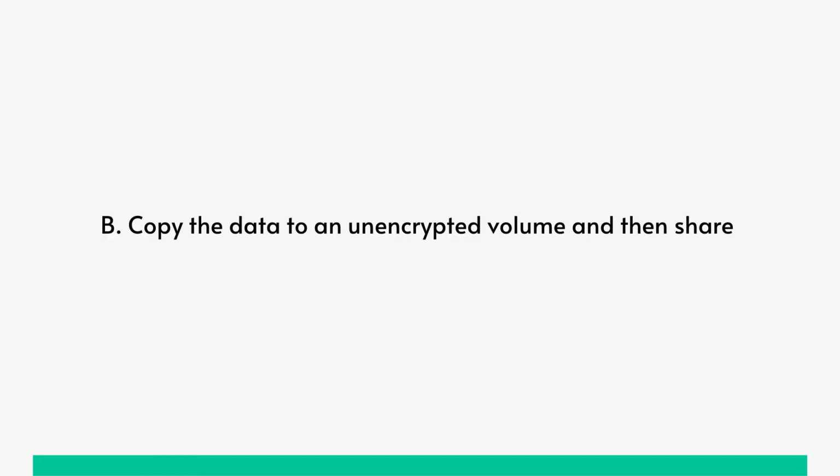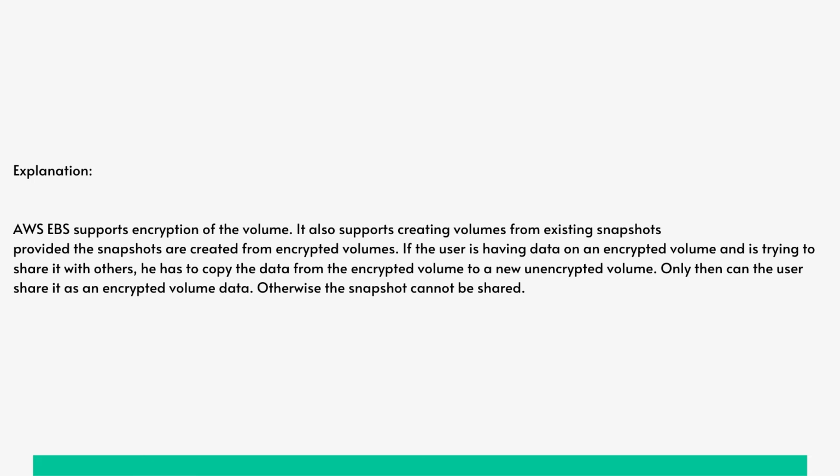The correct answer is option B, copy the data to an unencrypted volume and then share. Explanation: AWS EBS supports encryption of the volume. It also supports creating volumes from existing snapshots, provided the snapshots are created from encrypted volumes.